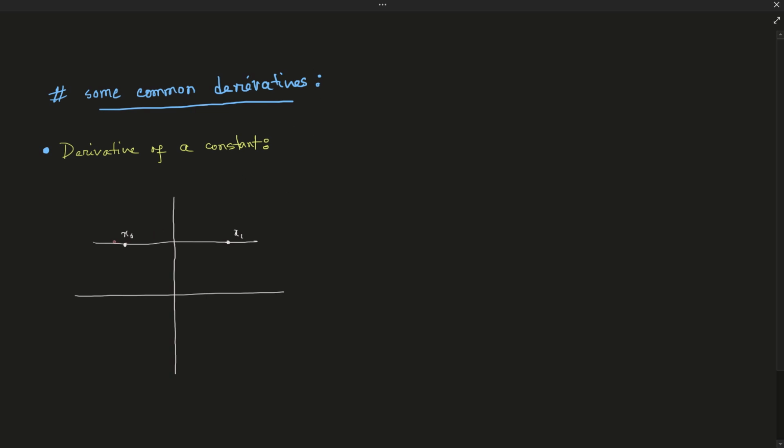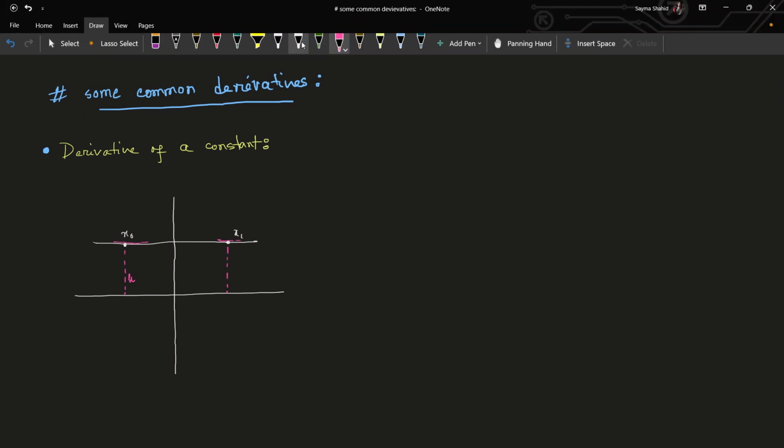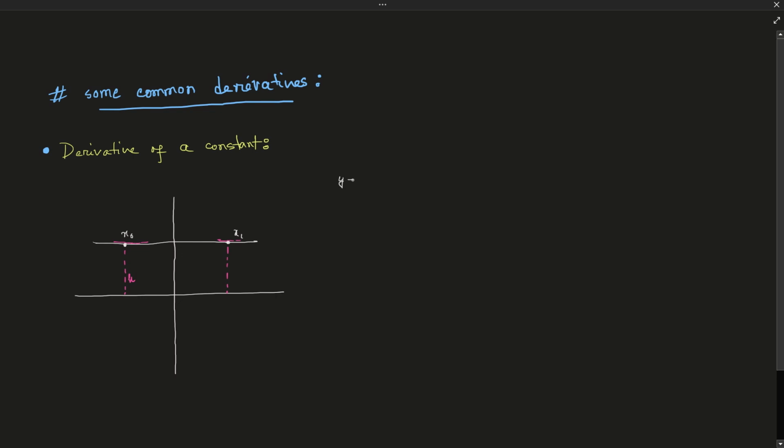This will be our tangent line, and this tangent line has the same slope as the entire line, and this is our height. So the function will be y equals f of x equals c. This is our constant.